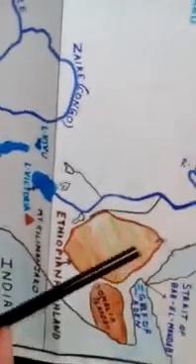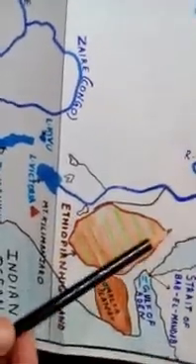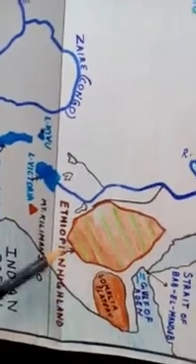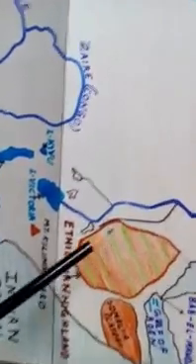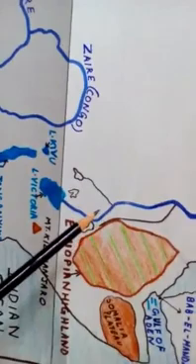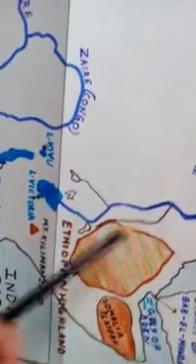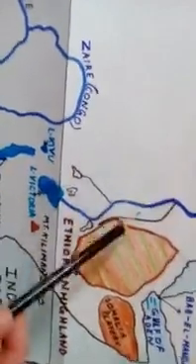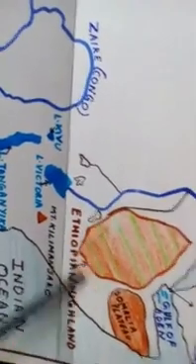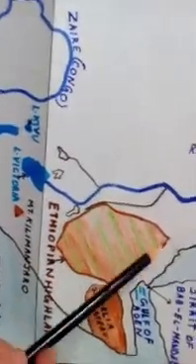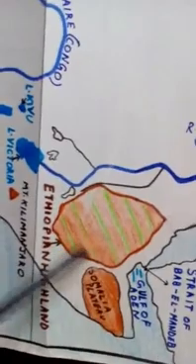Your Ethiopian plateau will look something like this while we are marking it in the country of Ethiopia, and it will not be touching the River Nile at all because we are not marking the Blue Nile and the White Nile. Therefore, we'll just be marking the Ethiopian highland or the plateau.